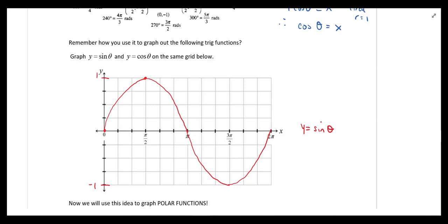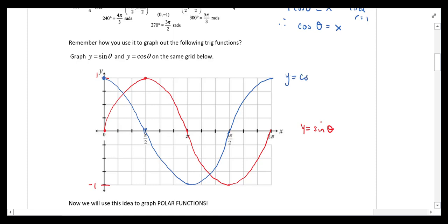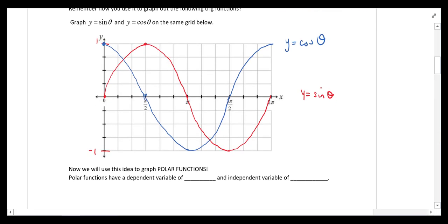For the blue graph, the x values, we'll start with x is 1 and then it'll go down to 0 like this. Hopefully you remember that this looks like the cosine graph. So we're going to use this idea to help us graph polar functions.